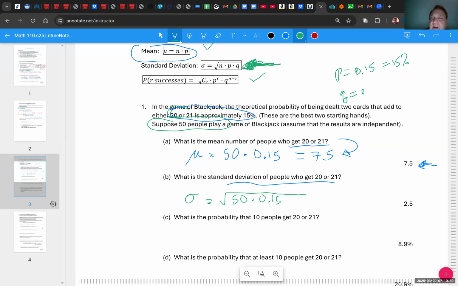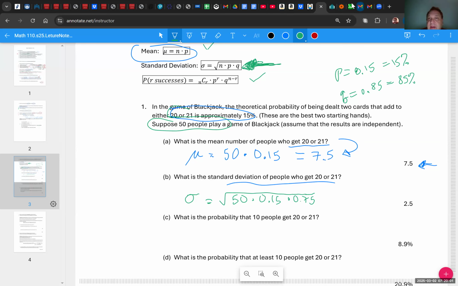Because you have to get 100% altogether. All right, so we know what Q is. It's just the remainder from 100%. So I'm going to multiply times 0.85. So that's the formula for calculating the standard deviation of 50 people getting 20 or 21.